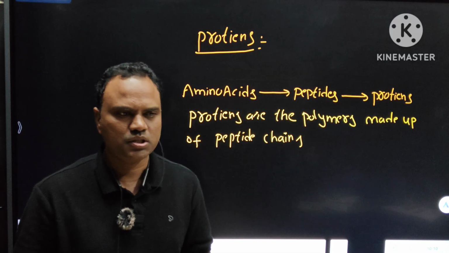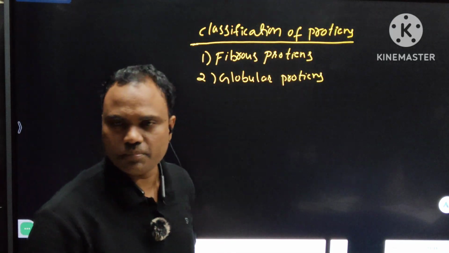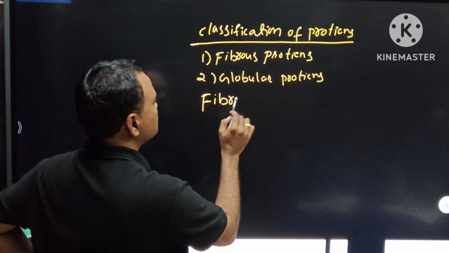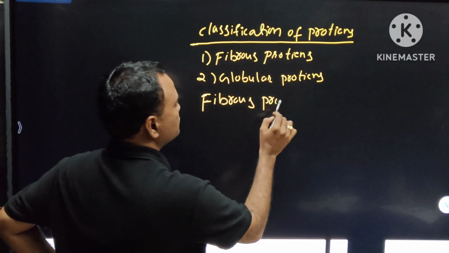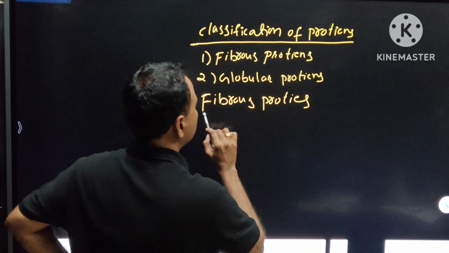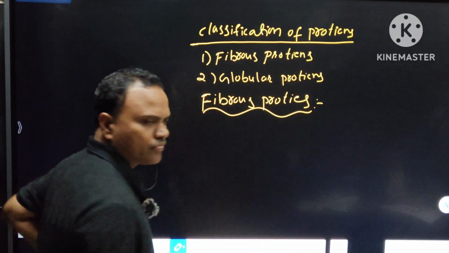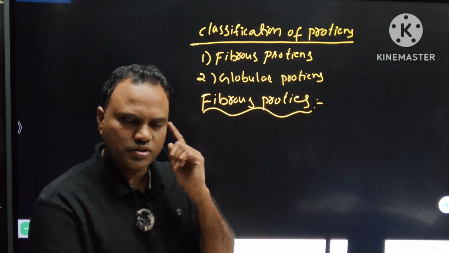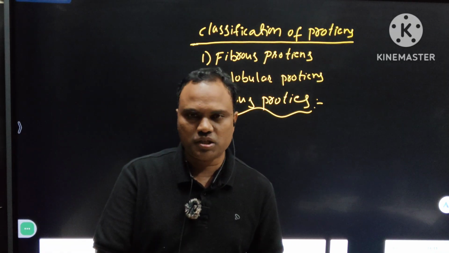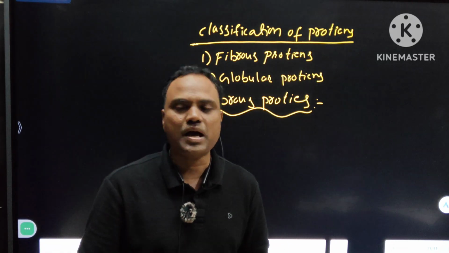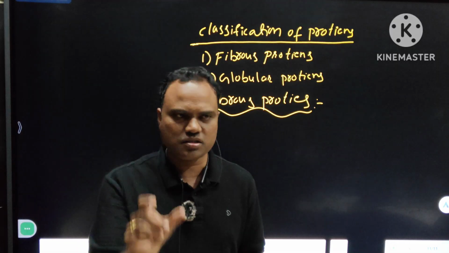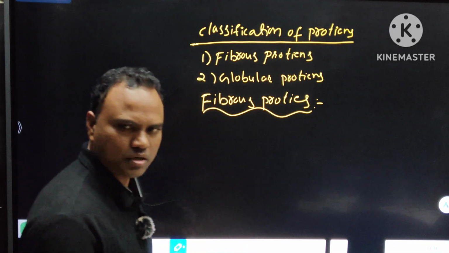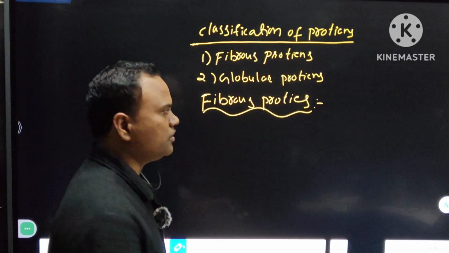Classification of proteins. First one heading, fibrous proteins. According to the textbook definition, in fibrous proteins, peptide chains run parallelly, nothing but arranged parallelly. Peptide chains are arranged parallelly.